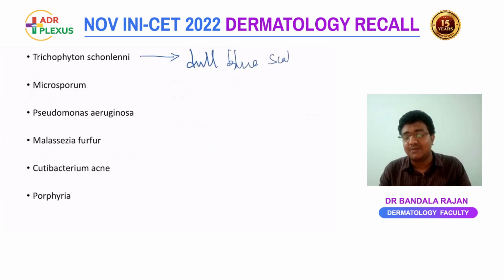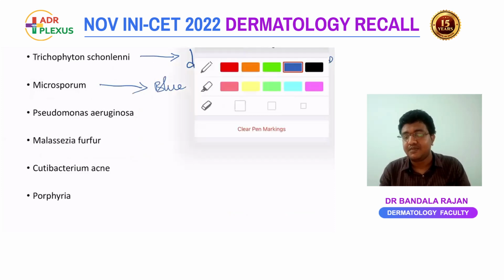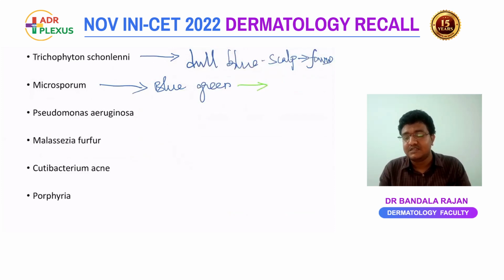In the scalp, it leads to favus, which is an inflammatory type of tinea. Microsporum species can lead to blue-green fluorescence, which causes grey patch type of tinea capitis. These two are tinea capitis.